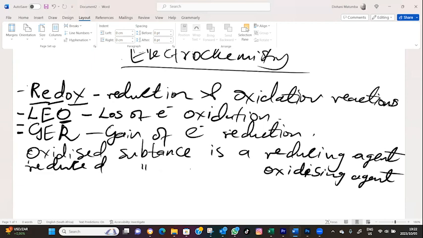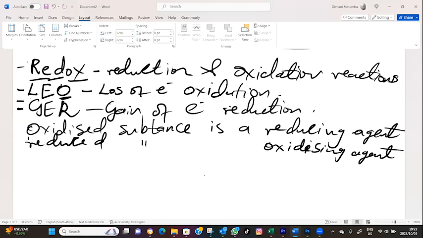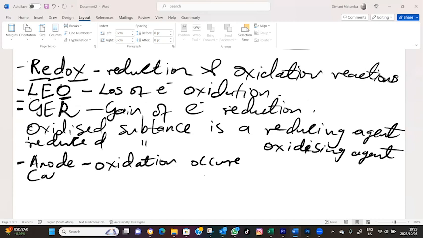Now, we have the so-called anode and cathode. On the anode, this is where oxidation takes place. At the cathode, reduction takes place.